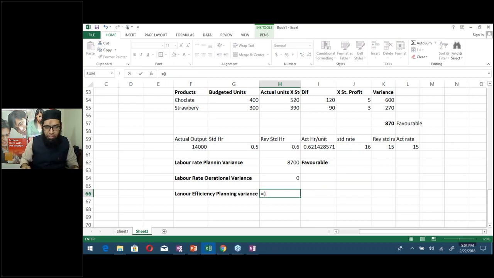It is actual output into standard hours minus actual output into revised standard hours. And then I will multiply it with the standard rate, which is 16. So it will be 22,400, and it will be adverse.